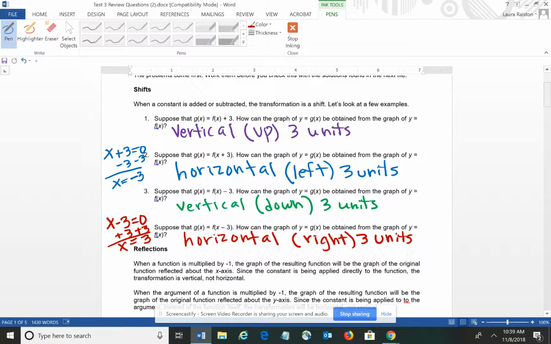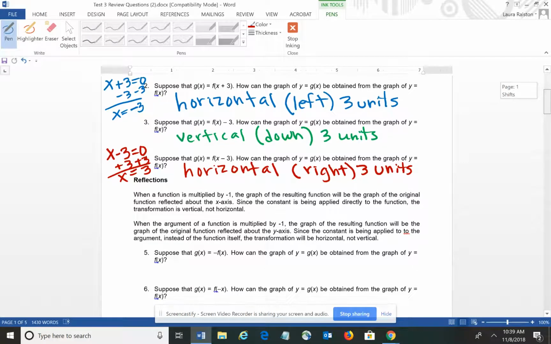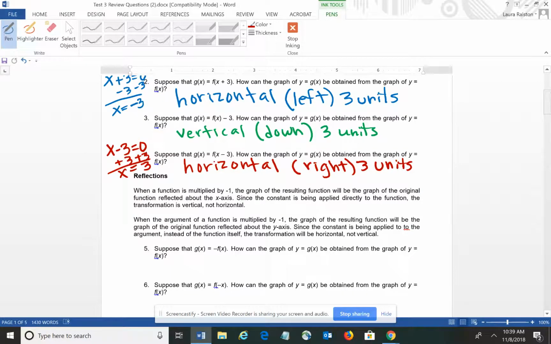A second transformation is the idea of a reflection. You could either reflect it about the x, so that you're flipping it over the x-axis, or you can flip or reflect it with respect to the y, so you can flip it across the y-axis.